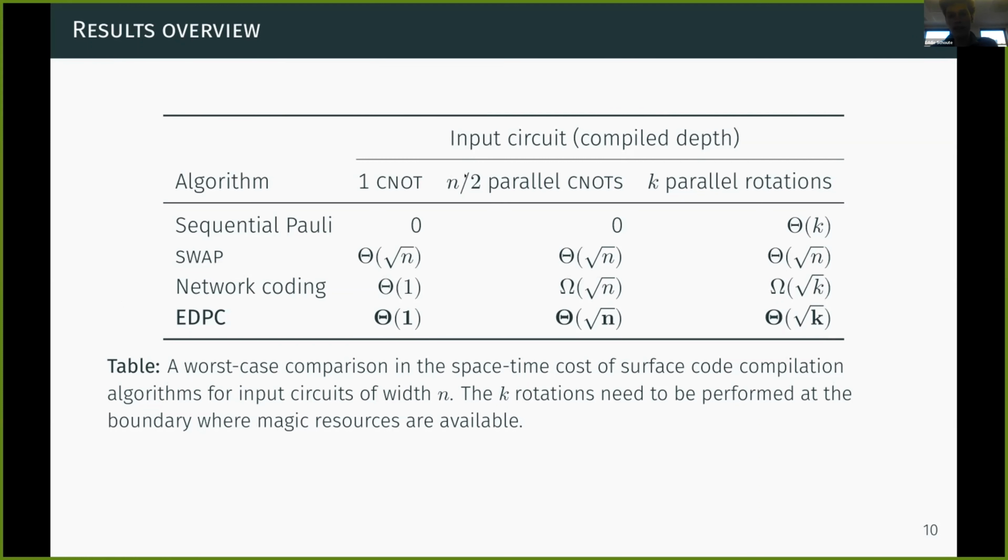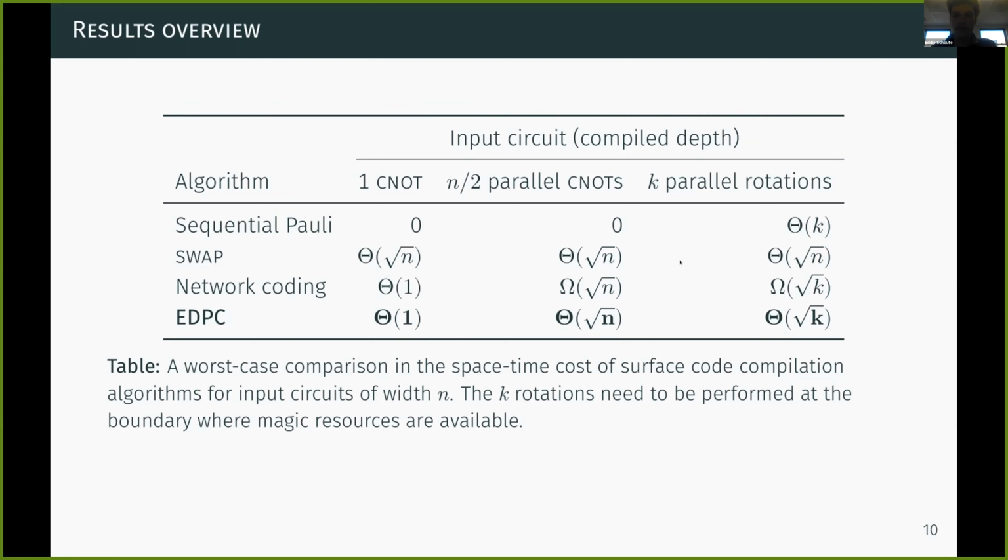But as well, we're able to compile n over 2 parallel C-naughts, so one slice of n over 2 C-naughts, in a depth of square root n. And finally, if we take k parallel rotations, so say k T-gates, we're able to compile that to a depth of square root k.